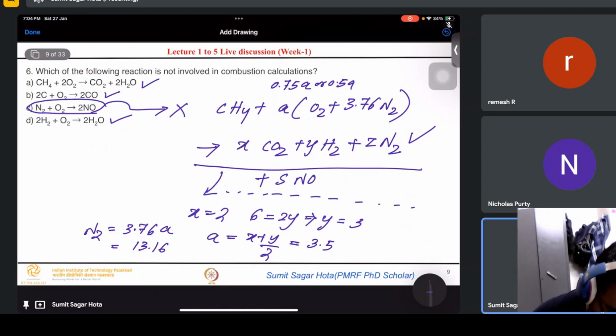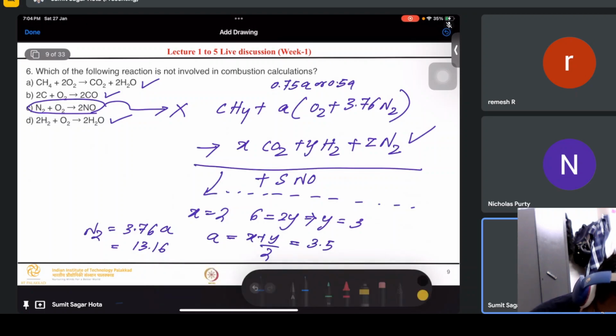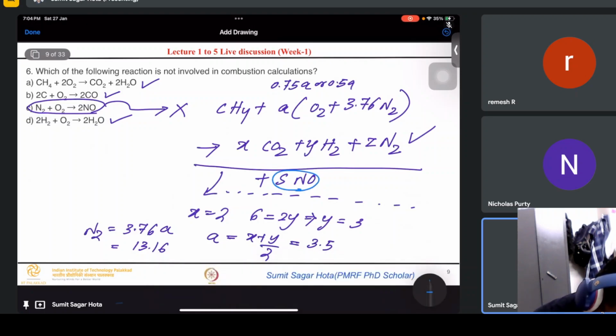The other way around, for example, we don't have much air; or we have much air, excess of air.